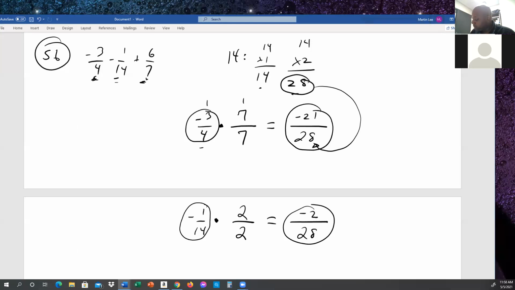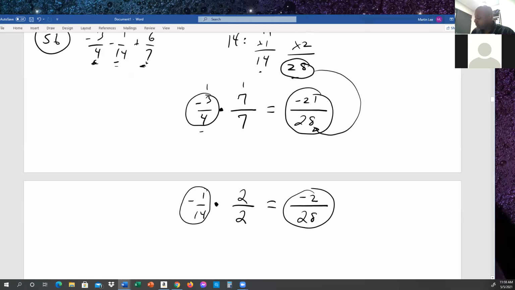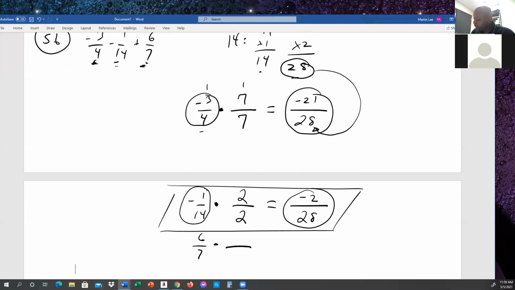And now 6/7 times some fraction has to equal some fraction whose denominator is 28. I'm going to have 4 and 4, and 6 times 4 is 24.